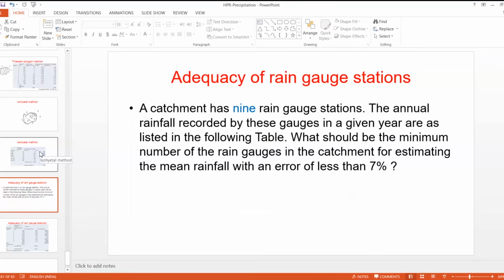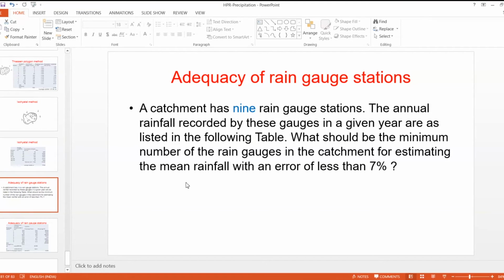So the isohyetal method is the best among the three methods. And next, we have to find the adequacy of rain gauge stations. Already I explained how to calculate the adequacy of rain gauge stations for a given catchment.